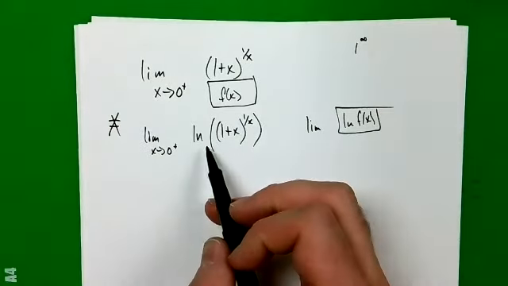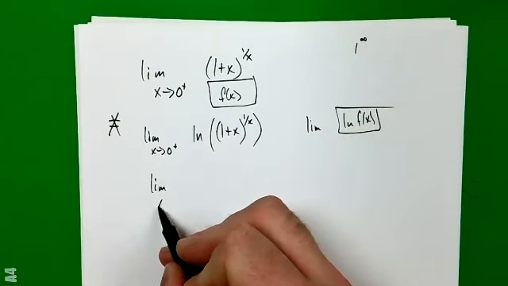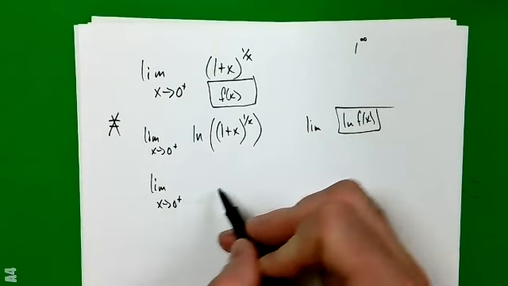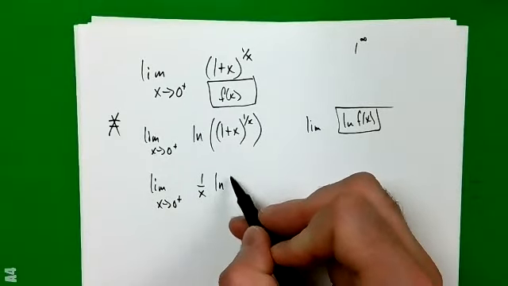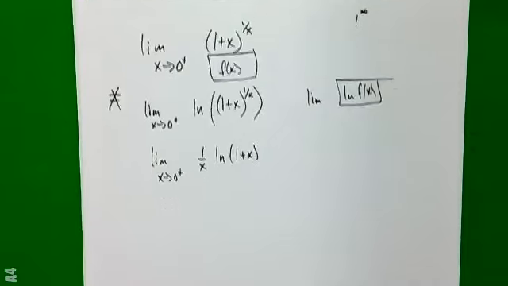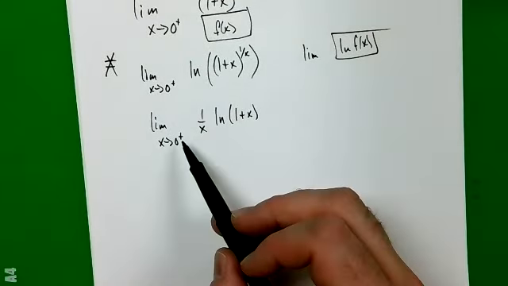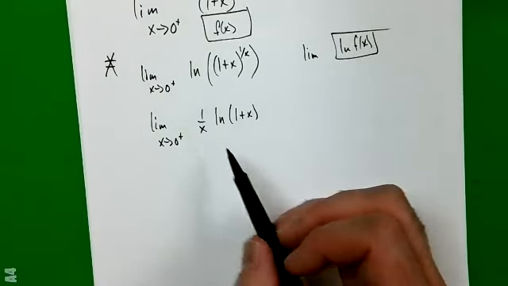The reason for using the natural log here is that this can be written as the limit as x approaches 0 from the right of 1 over x times the natural log of 1 plus x, using our logarithmic properties. Now as x goes to 0, the log is going to 0, and the x is going to 0.